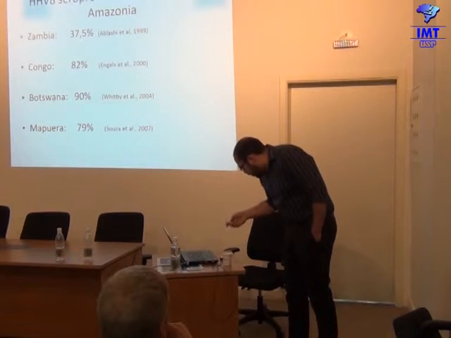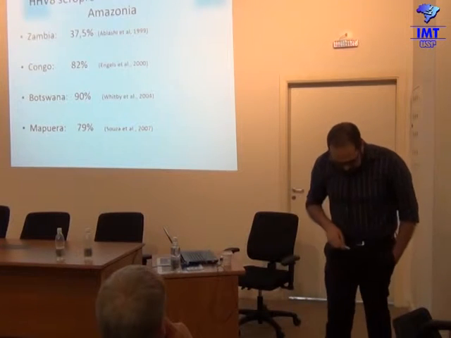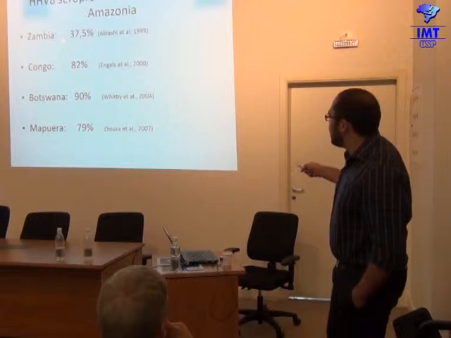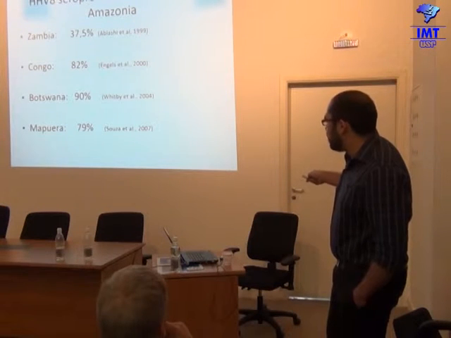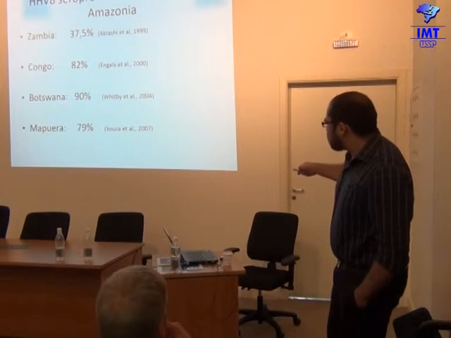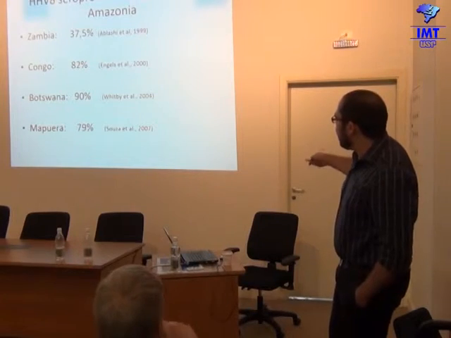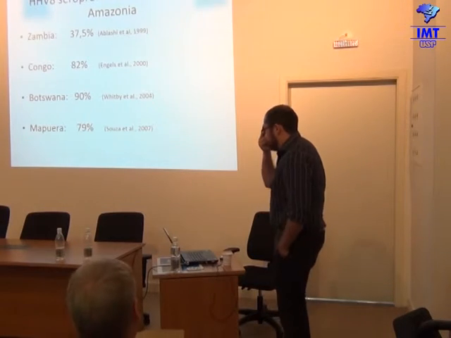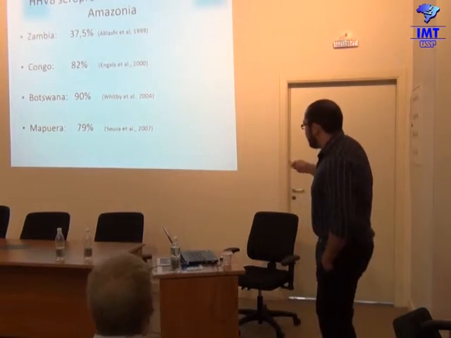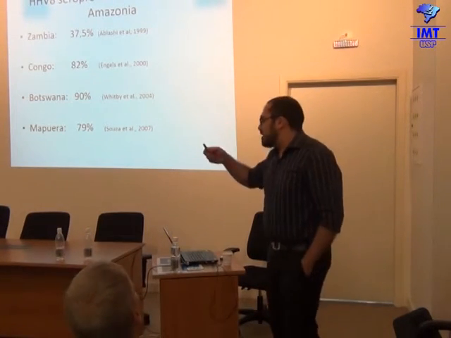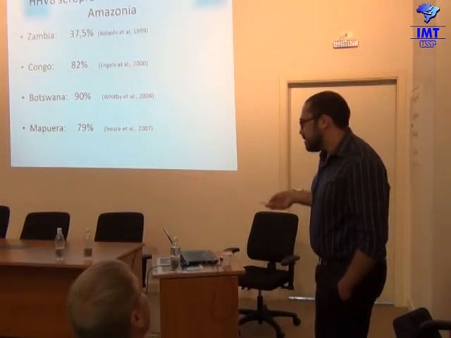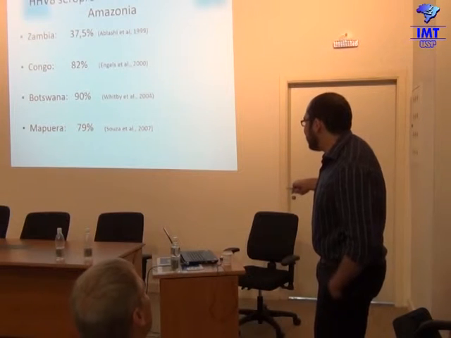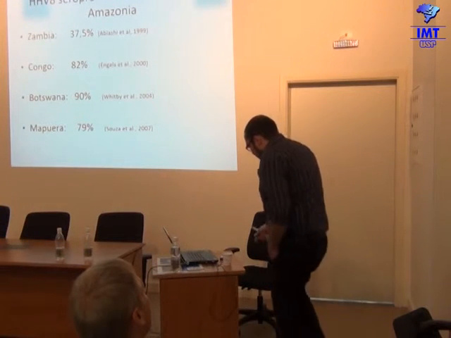We have other regions endemic for Kaposi sarcoma and HHV8. Here we see some countries in Africa, for example, Botswana, with 90% of the general population positive to HHV8. And here in Brazil, in the north, we have a specific population of Amerindians, where we can see 79% HHV8 positive.